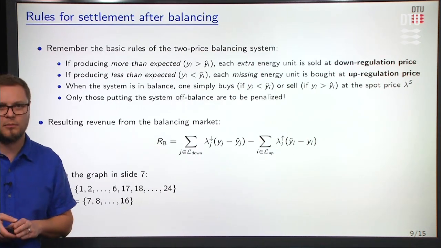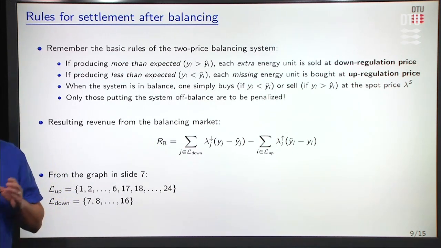The rules for settlement after balancing: when you're going to produce more than expected, each extra unit of energy will be sold at the down-regulation price, which we saw in the previous slide. If producing less than expected, each missing energy unit will be bought at the up-regulation price.